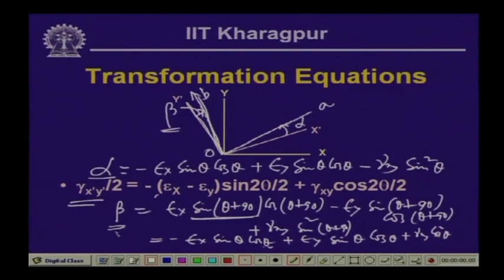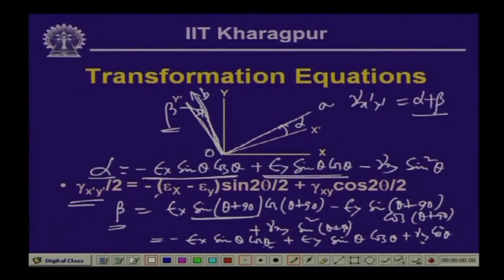So, if we add these alpha and beta, we get the value of gamma x dash y dash. Gamma x dash y dash is equal to alpha plus beta, and if we add them up, we get minus twice epsilon x sin theta cos theta, plus twice epsilon y sin theta cos theta, and gamma x y into cos square theta minus sin square theta.